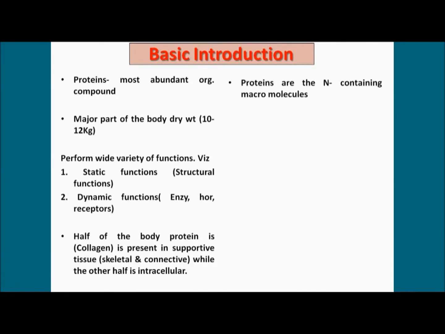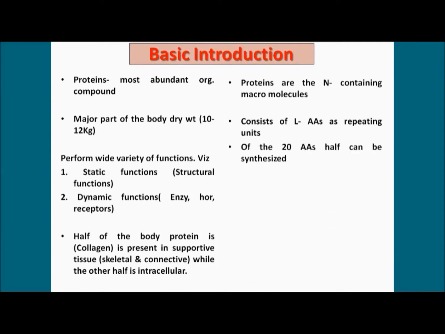Now, we all know that proteins are organic compounds which contain nitrogen. Thus the proteins are the nitrogen-containing macromolecules in the body, right? These proteins consist of L-amino acid repeating units, and these amino acids, upon repetition, finally form the proteins.